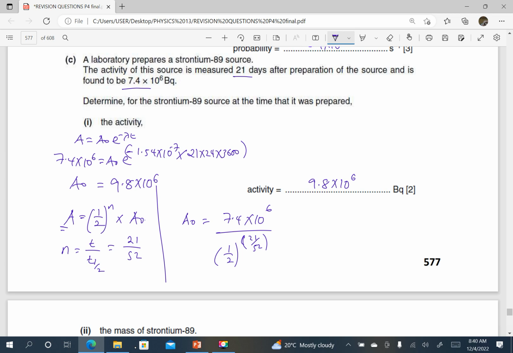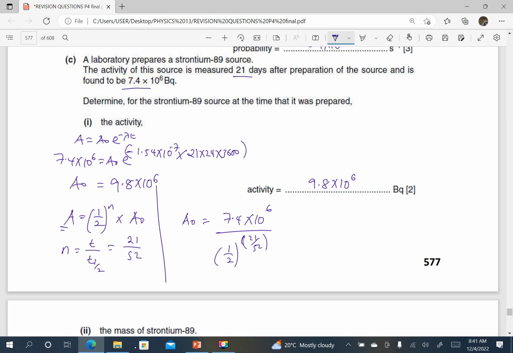So I have 7.4 exponent 6 divided by, open brackets, 0.5 power, or divide by 0.5 power, I'll open the bracket, 21 over 52.